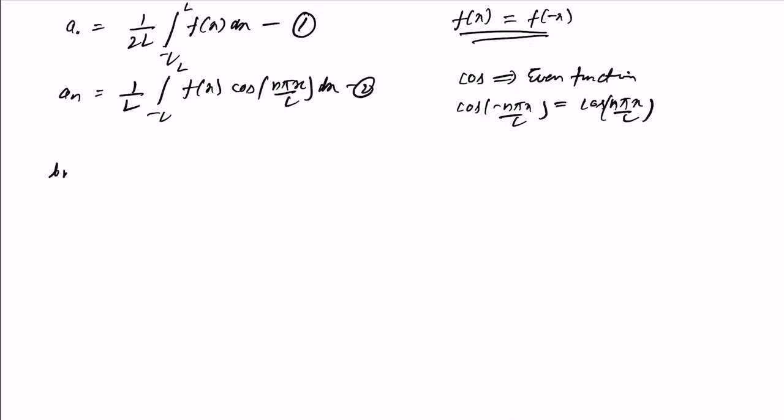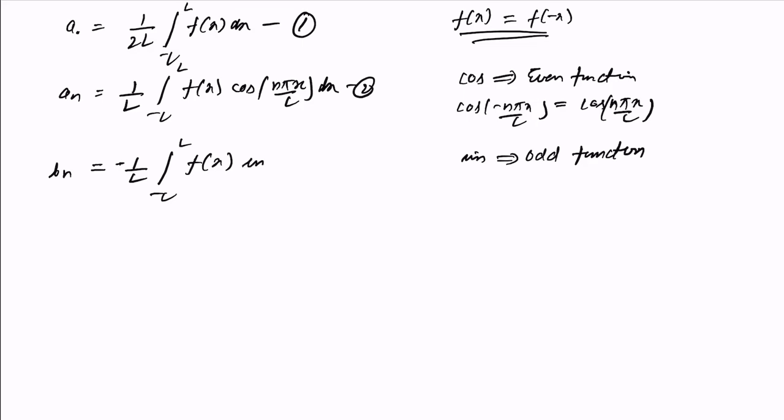Now we look at the b_n coefficients. f(x) is symmetric, or even, we can say. So f(-x) will remain f(x), but sine is an odd function. Therefore sin of minus n pi x by l is equal to minus sin of n pi x by l, so the minus sign will come out.